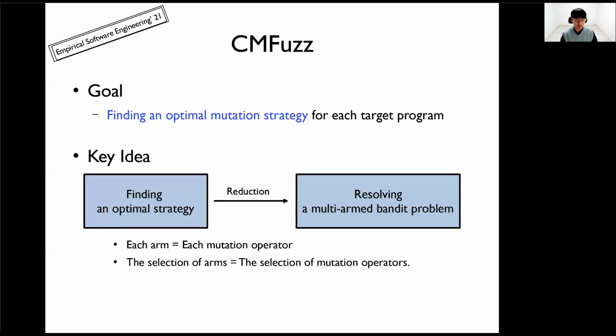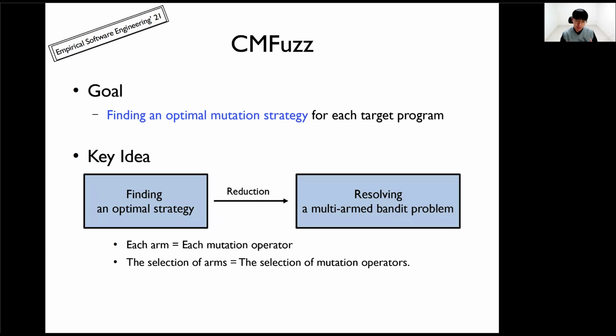And motivated by this observation, the goal of CMFudge is to also find an optimal mutation strategy for each target program. And to achieve this, this technique reduces the original problem of finding an optimal strategy into solving a multi-armed bandit problem, which is one of the well-known problems in the machine learning field.